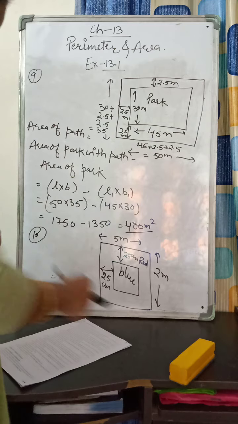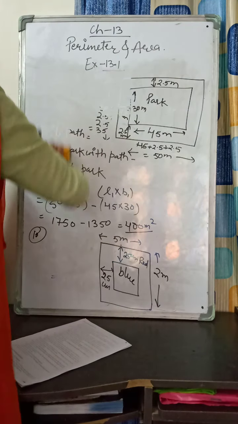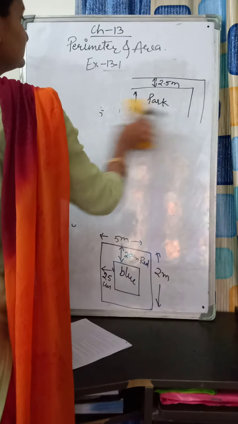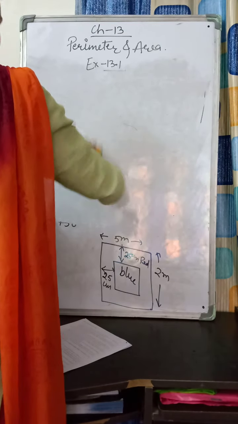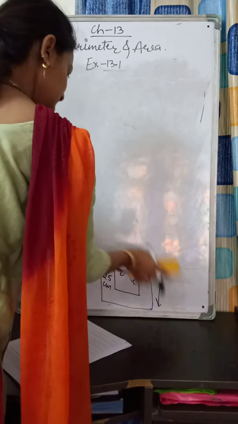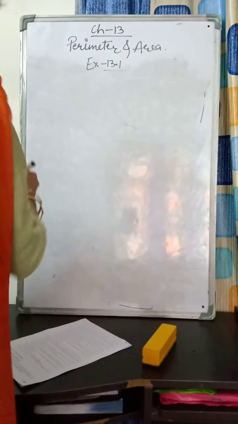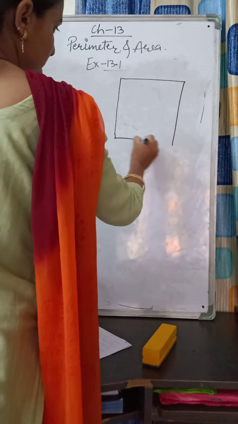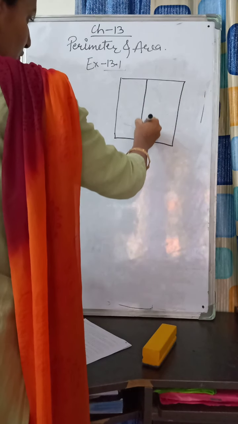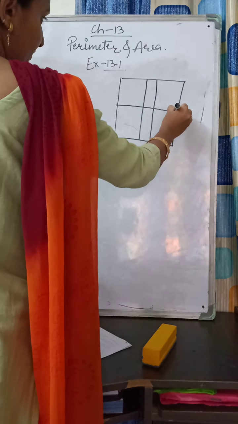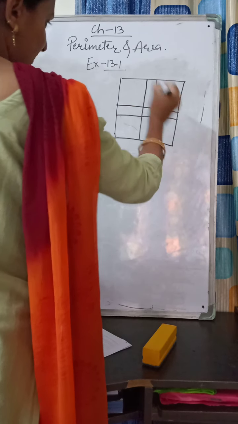Now the 12th question: there is a park and a cross path is made in between the park.